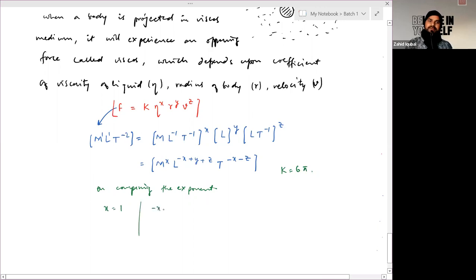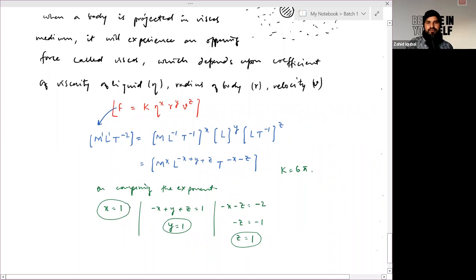For length, we have minus x plus y plus z equals 1, and minus x minus z equals minus 2. So put the value of x to be 1: so minus 1, z equals 1. Put these two terms in this expression, you will get y equals 1.